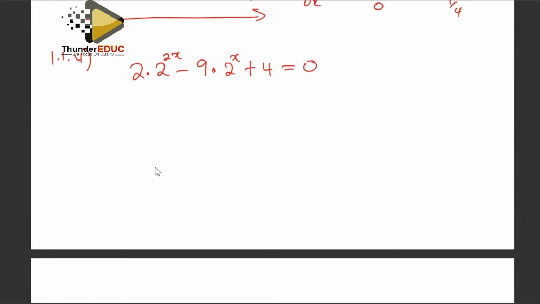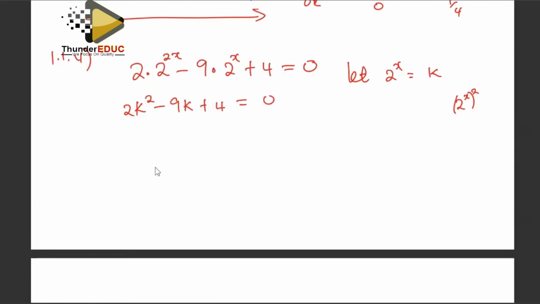So step number 1, I can use the k method, whereby I'm going to let 2 to the x be, let's use k. T method, M method, Y method, anything that you can represent. So we know that 2 to the 2x is the same as 2 to the x, but then squared. So it's going to be 2k squared minus 9k plus 4 is equal to 0.